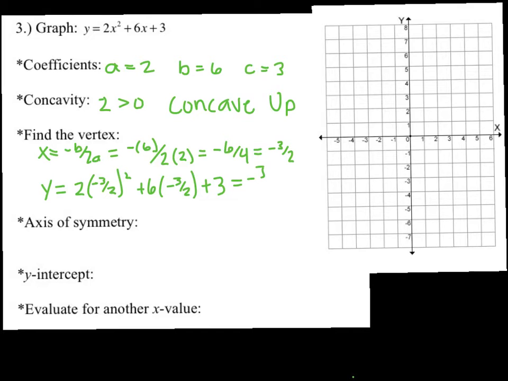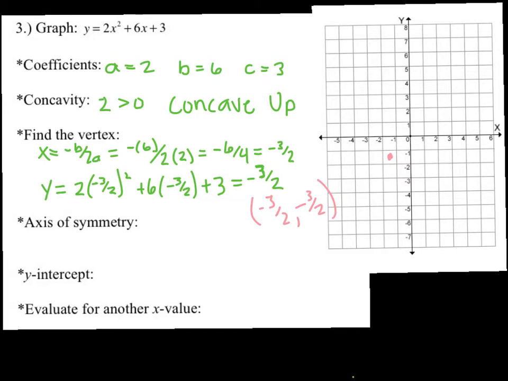So this situation is kind of weird because your x and y coordinate are the same, but that's okay. So your vertex will be at negative 3/2, comma, negative 3/2. So you guys can leave it as a fraction, you can leave it as decimals. 3/2 is the same thing as 1.5. So let's go left 1.5 and then down 1.5. So you're right in the middle of that box there.